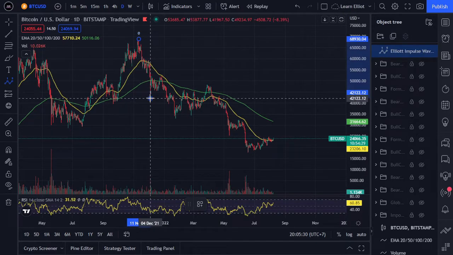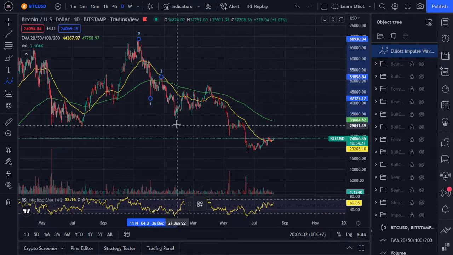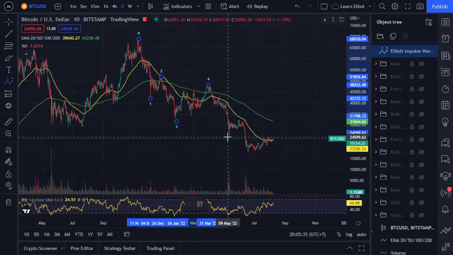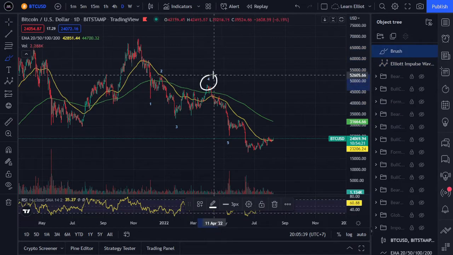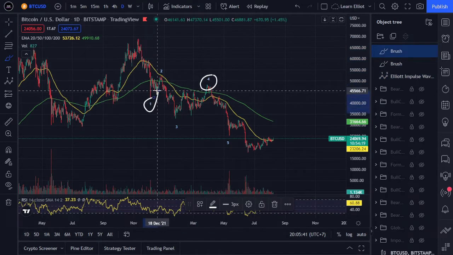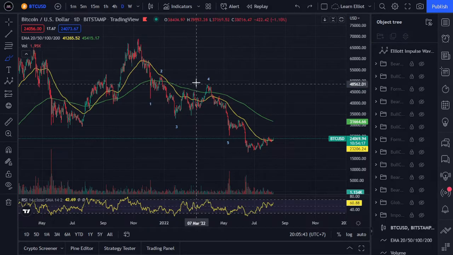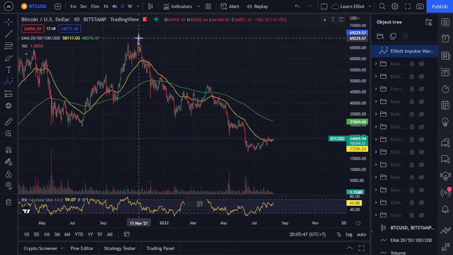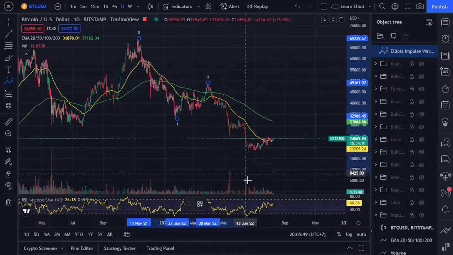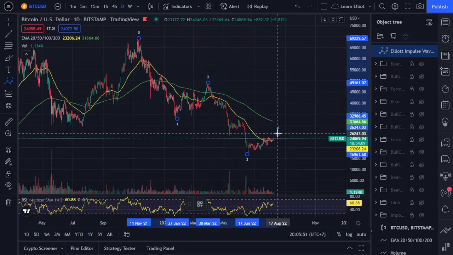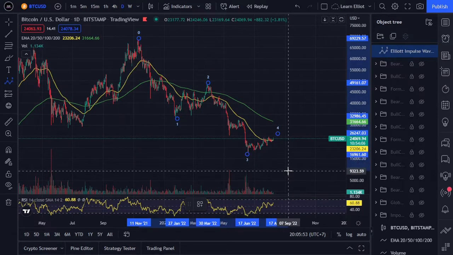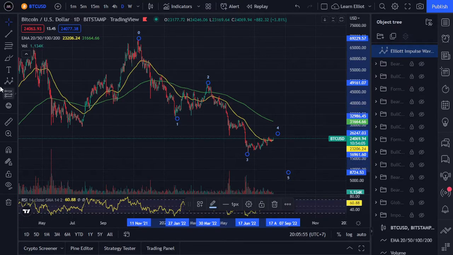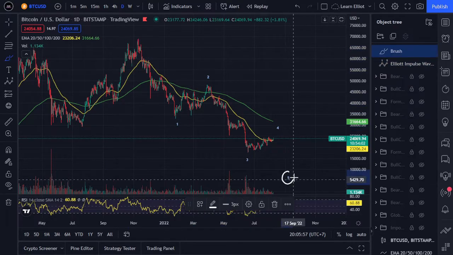For example, if I assume this is a 1, this is a 2, this is a 3, this is a 4, this is a 5, it cannot work because obviously this wave 4 here is higher than this wave 1 here, so it's breaking the rule. So that's why I just can't find a way to make it a completed 5th impulsive wave down without this wave 5 here.